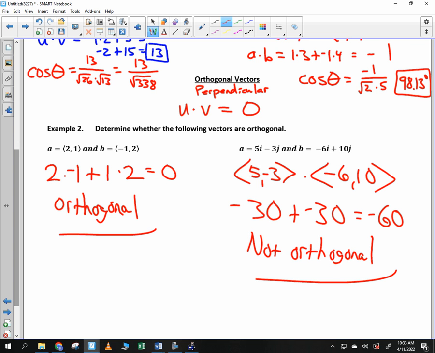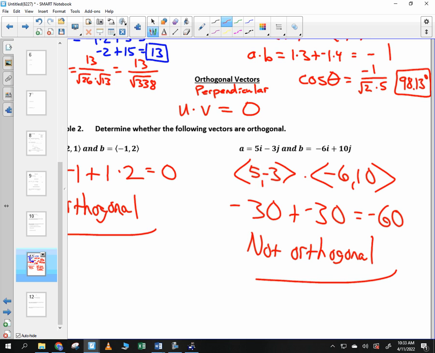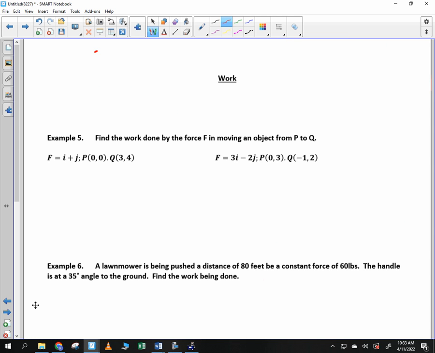Not too bad, huh? All right, so we're just dipping into the fundamentals of vectors, but the application of vectors is work. And we all love work, right? From a scientific, physics, and mathematical perspective, we define work to be this. Work is equal to the amount of force that you apply on an object times the distance that you moved that object.